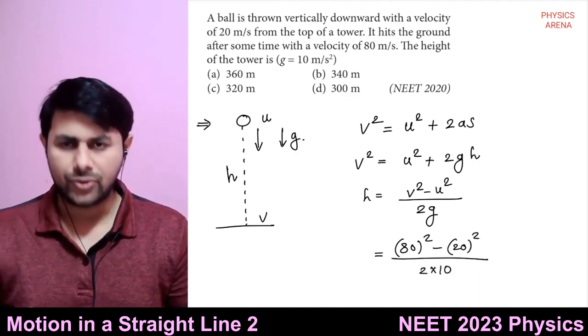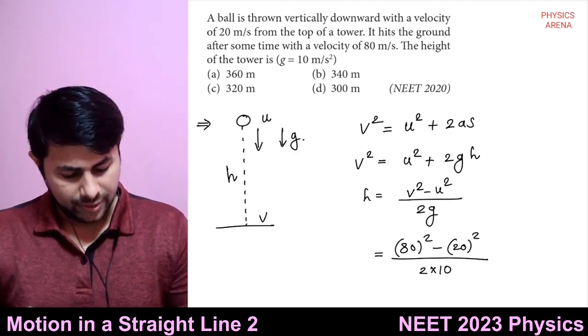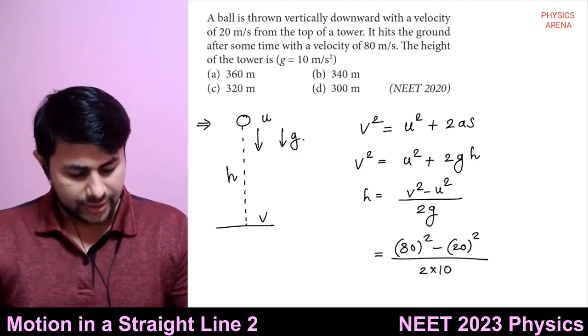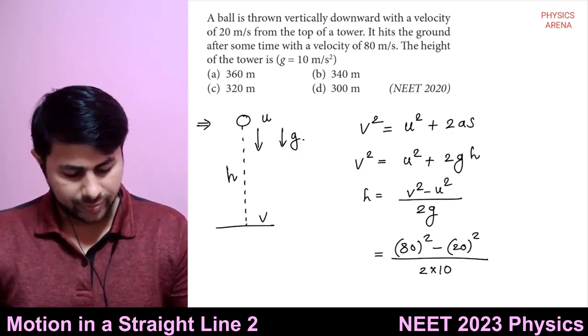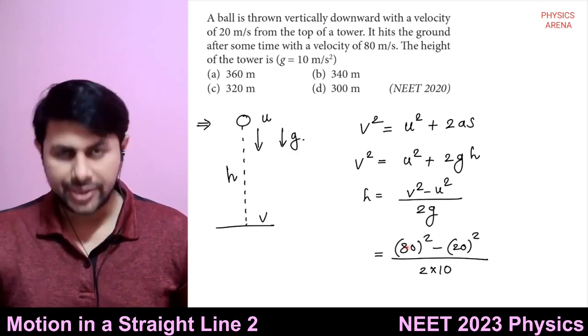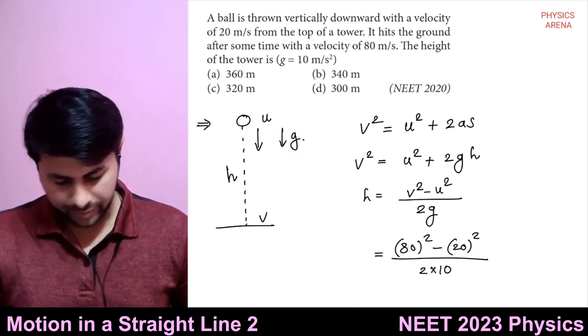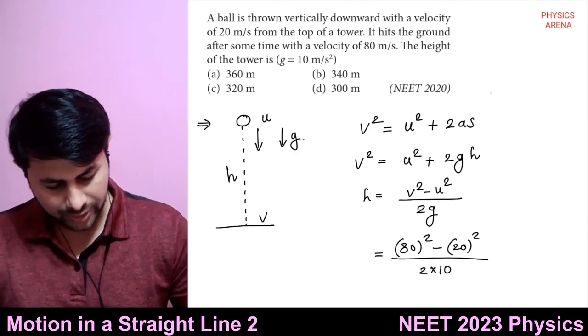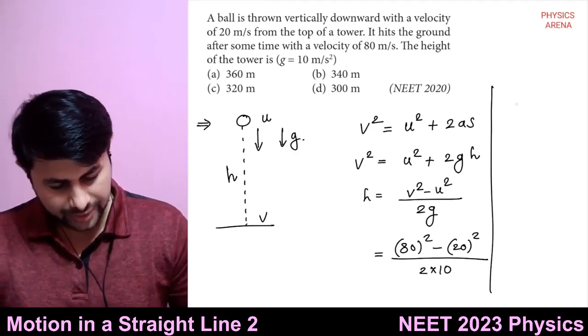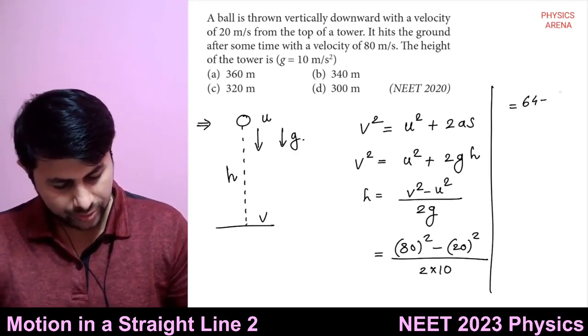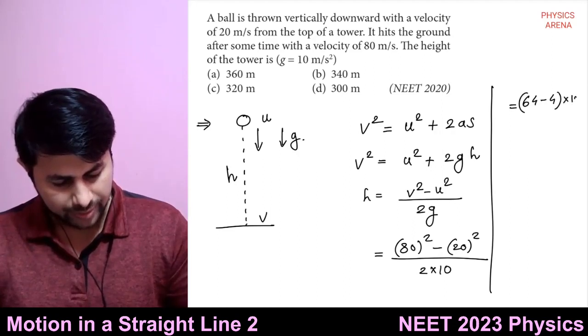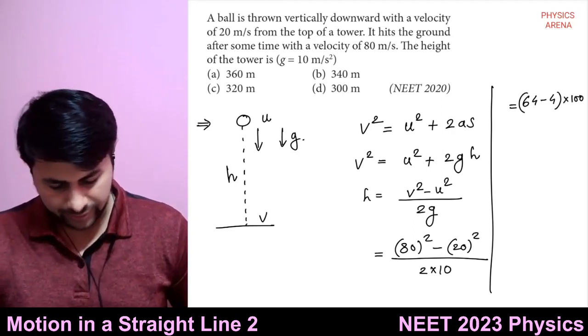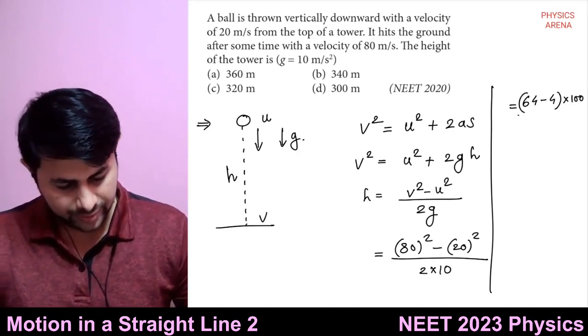So tell me, what would be the answer? You can take 10 common from these two, so it will be 10 square, 100. So what are you left with? 8 square is 64 minus 2 square is 4 multiplied by 100, divided by 20.